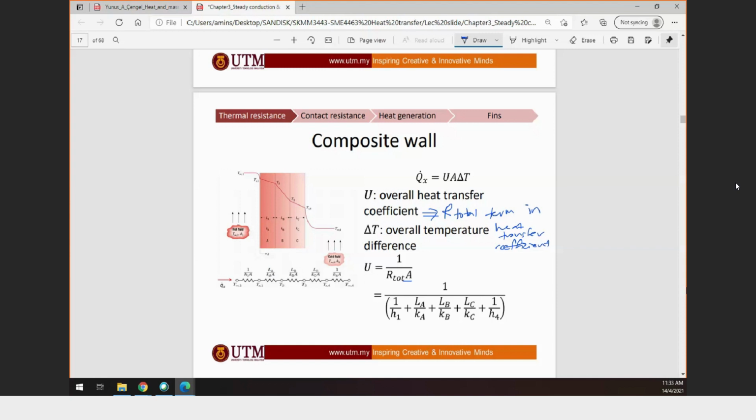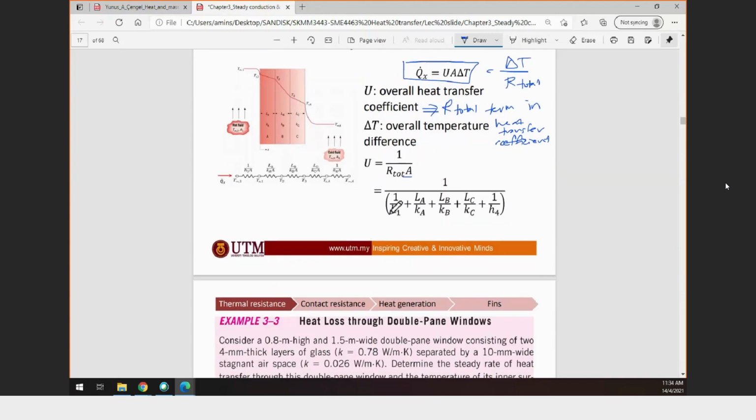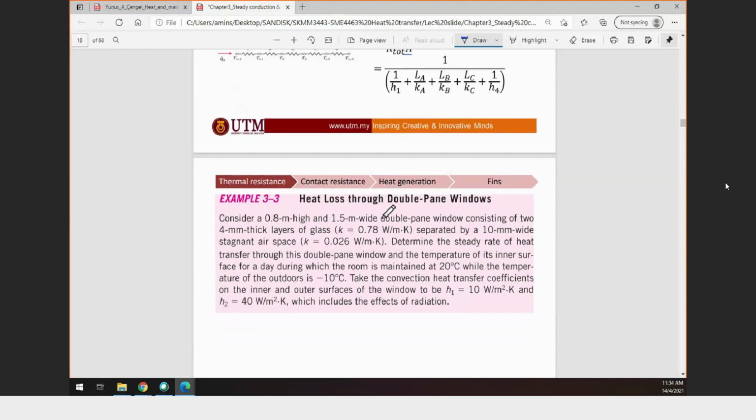U is basically the combination of R total with the same cross-sectional area. So this is actually the same as delta T divided by R total. R total is basically 1 over UA, so you can just change this into the R total equation. Okay, let's look at this example.